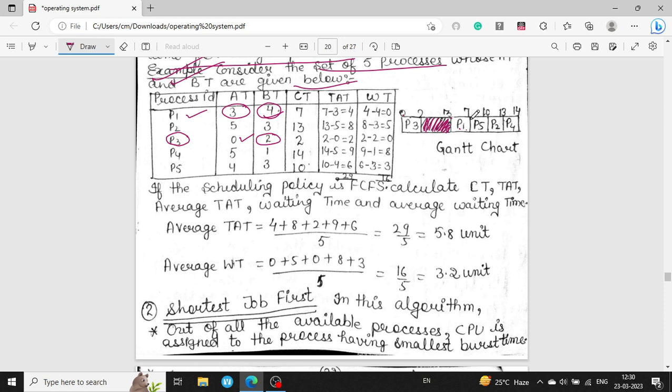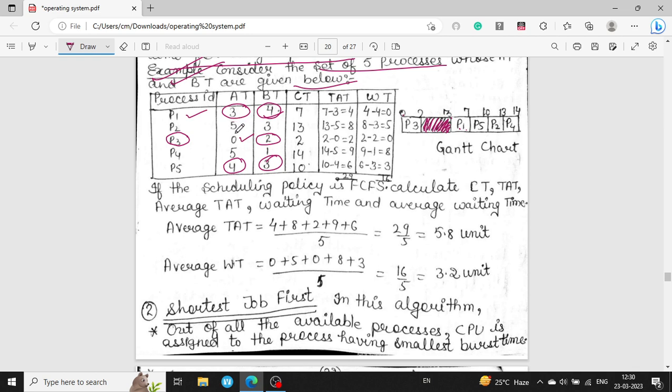After that, P5 came. It uses the CPU for 3 milliseconds, so 7 plus 3 is 10.